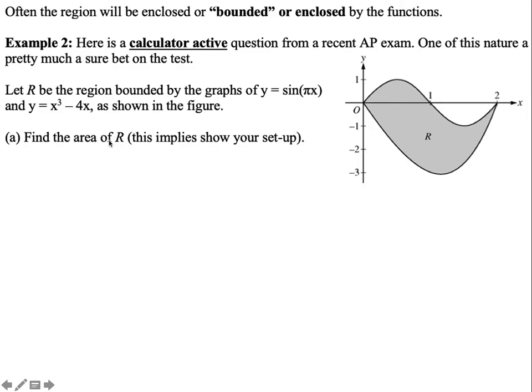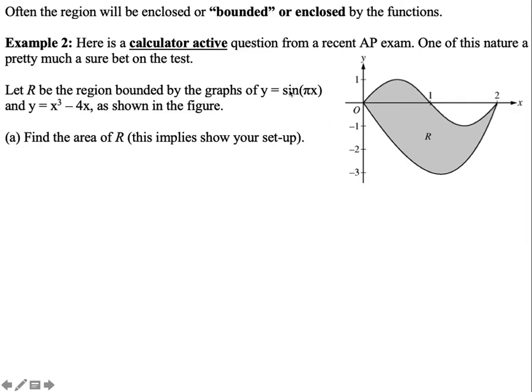So this one says find the area of region R. Let region R be bounded by the graphs y equals sine pi x and y equals x cubed minus 4x, as shown in the figure. So it's calculator active, and you might look at this figure and think, well, which one is which?